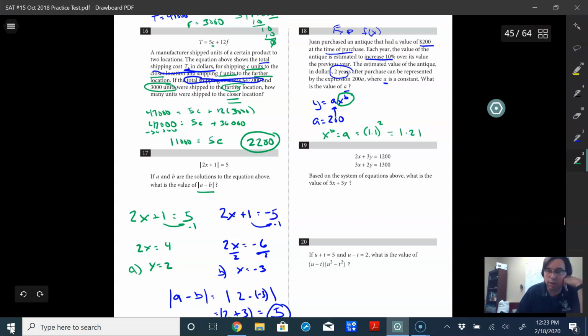So really, the expression as a whole should be written as y equals 200 times 1.1 squared, which is equivalent to this.